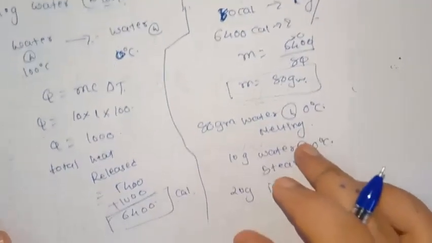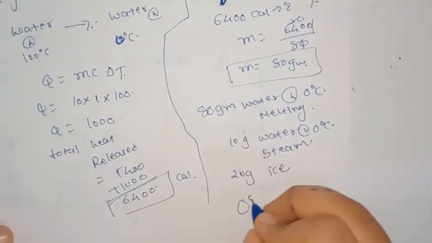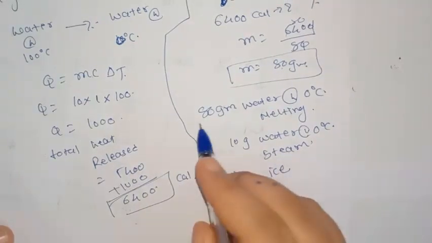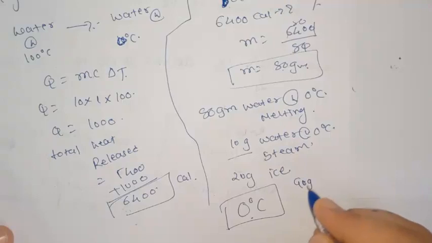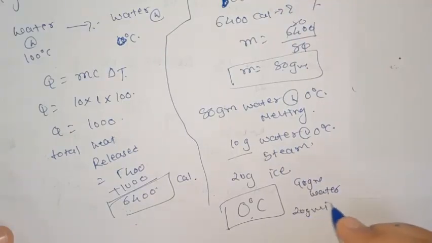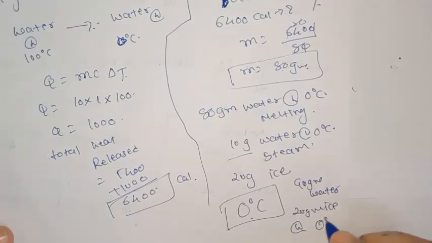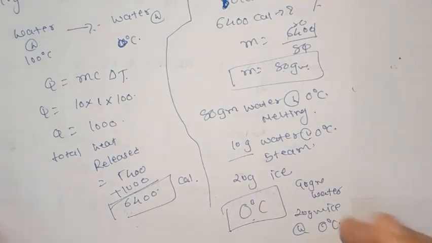So the final temperature of the mixture will be 0 degree Celsius. In total we will have 90 gram water and 20 gram ice at 0 degree Celsius. So this will be our final answer.